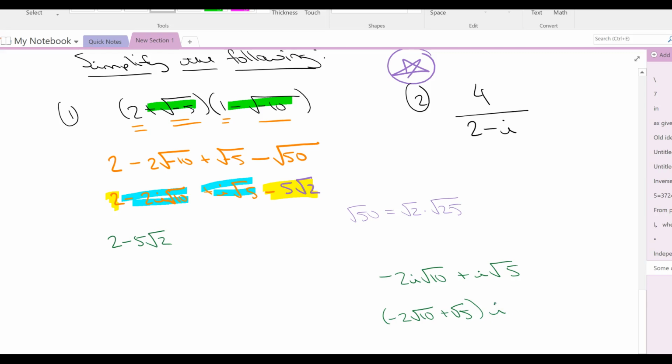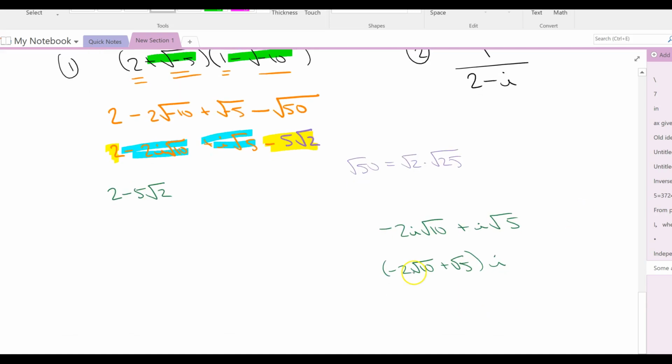Now remember, like terms. Root 10 and root 5 are not like terms. Like radical terms have to have the same radicand. Some of you may be thinking, couldn't I rewrite radical 10 as radical 5 times radical 2? The answer is yes, you could, but notice neither of these simplify, so that's of no help to us.